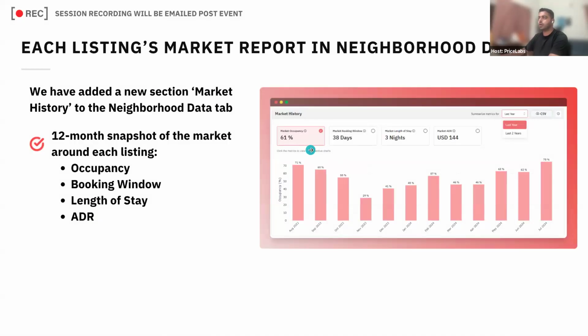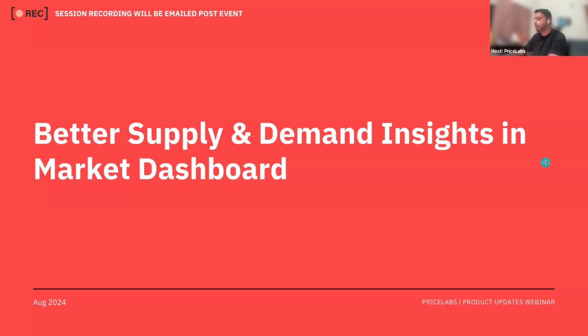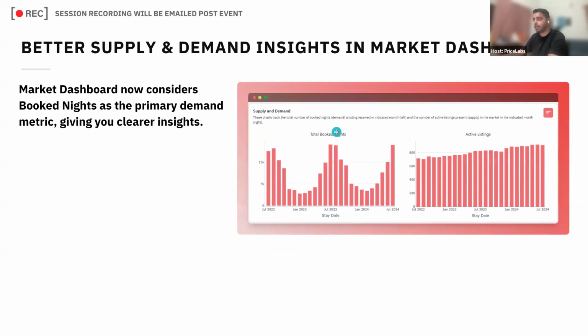Right. So that was on the change that we had done for neighborhood data. Coming back to, since we're talking about market dashboards, there's a small change that we've done with market dashboards as well. There were these supply and demand charts that we used to show under each market dashboard.